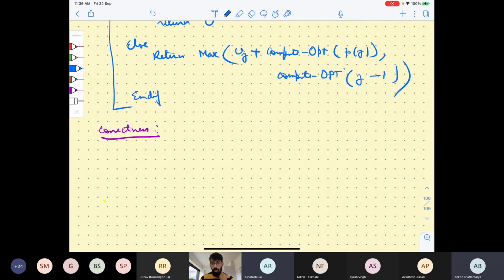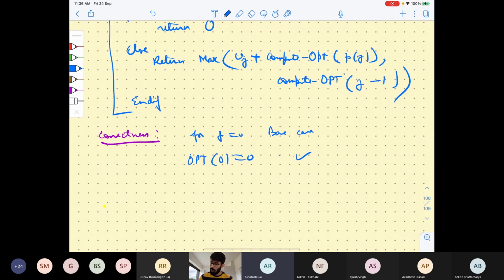Sir, I think we can use strong induction on this. We can use induction like that: for j equal to 0, we have that opt of 0 is equal to 0, and the algorithm returns 0.